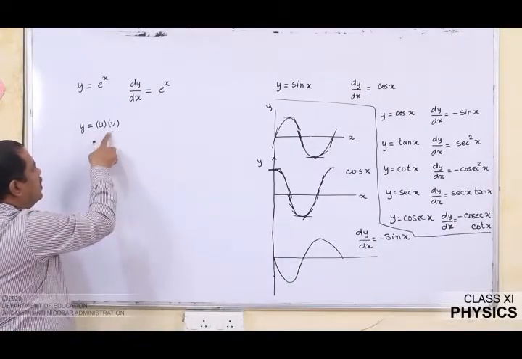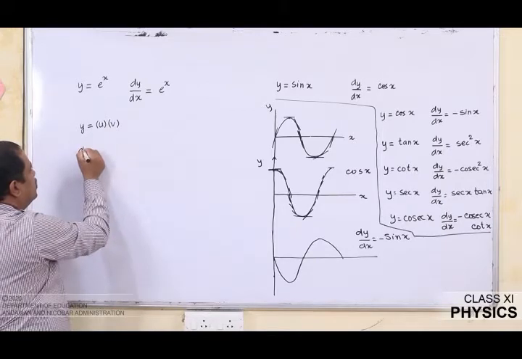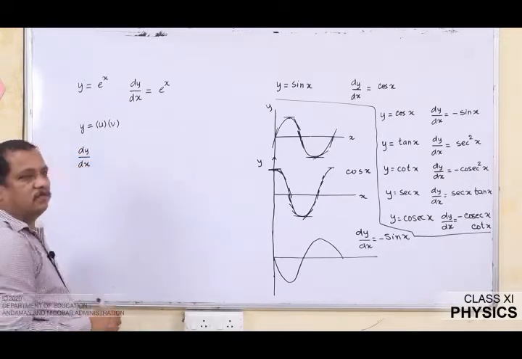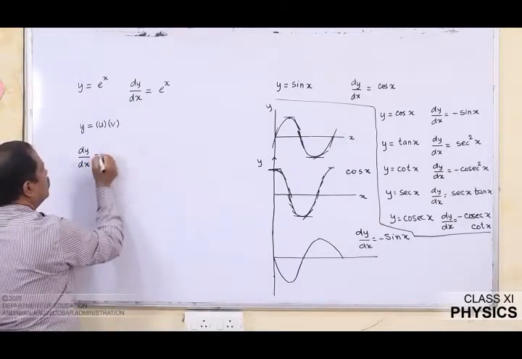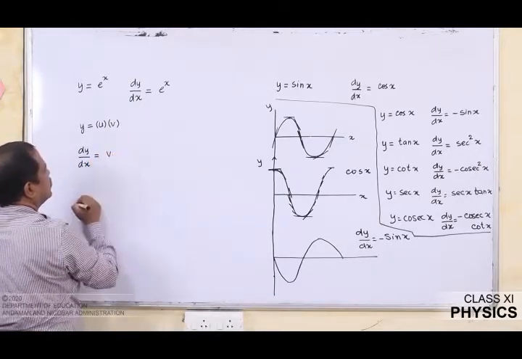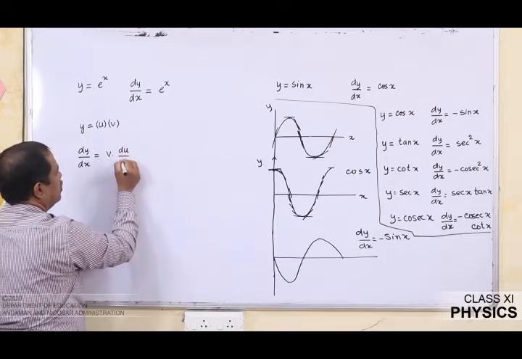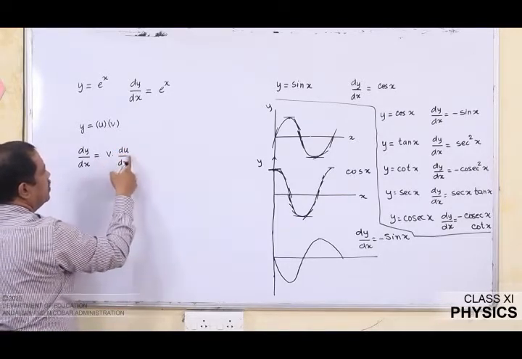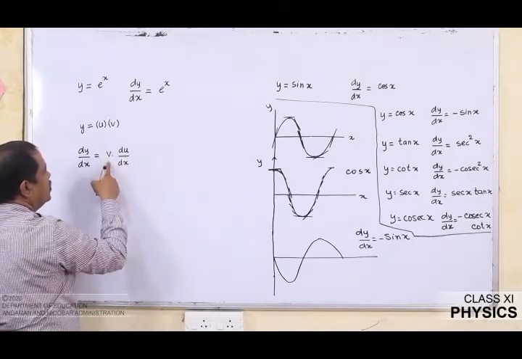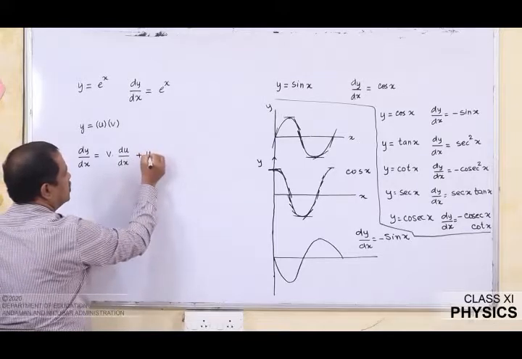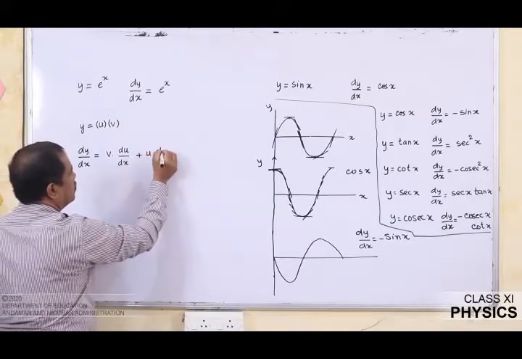So, in this case when I differentiate this one, using the formula dy by dx is equal to, what I am going to do, second function into differentiation of first function. So, du by dx, second function into differentiation of first, plus first function into differentiation of second.